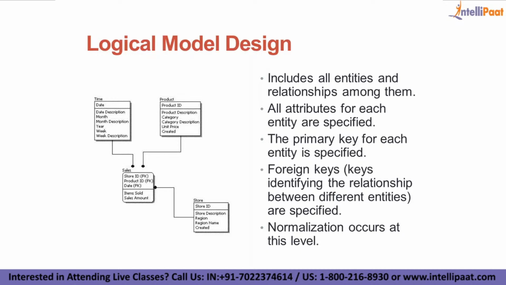After that, in this conceptual data model, we will decide what primary key we will use. Definitely each entity needs to have a primary key. For the time dimension, we will have the date primary key, date key. Then product, obviously it's a product ID.